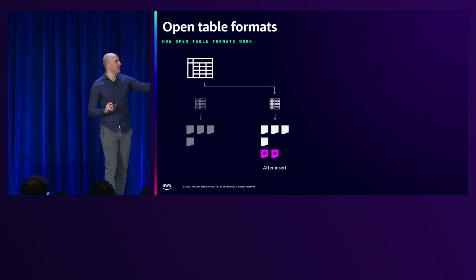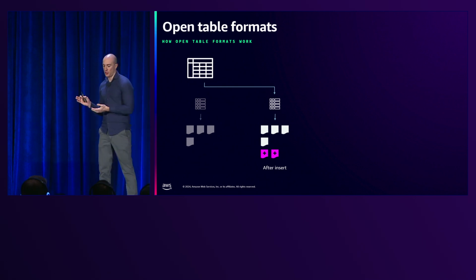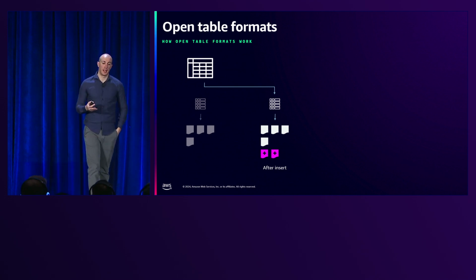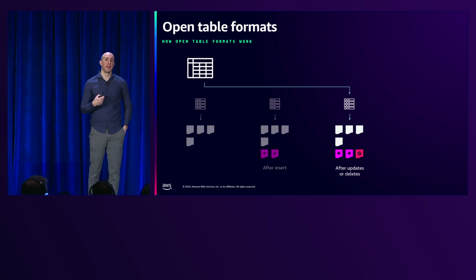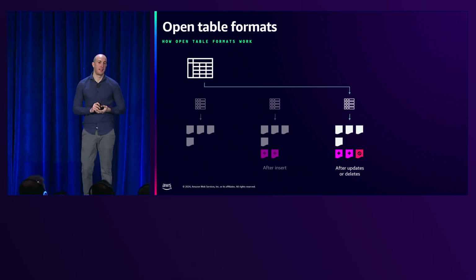Now, the insert adds 2 objects to the storage layer, and the open table format updates the table to point to the new manifest. Another operation along the way happened as an update or delete, and the manifest now keeps track of 7 objects.